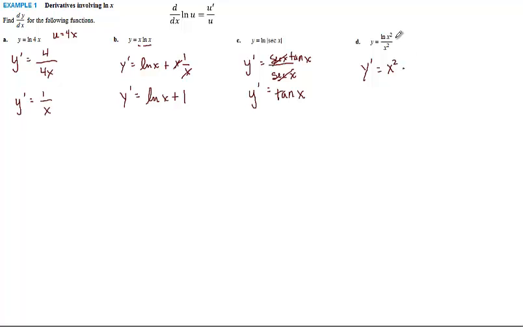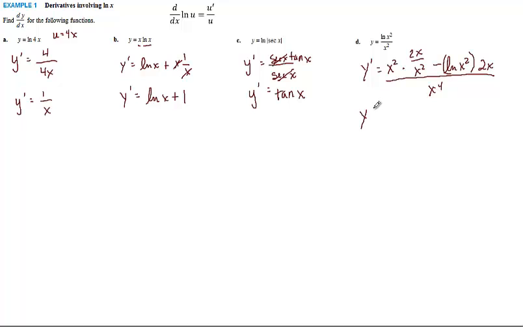The derivative of the natural log of x squared is u prime, which is 2x, over that u, which is x squared, minus, so it's low d high minus high, natural log of x squared, times the derivative of the low, which is 2x, all over the low part squared, so that would be x to the 4th.